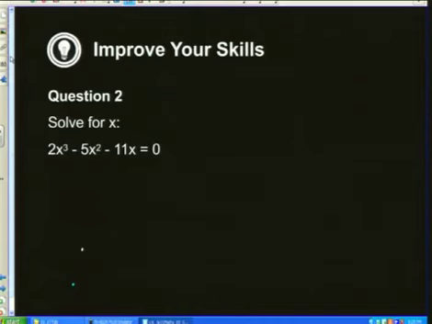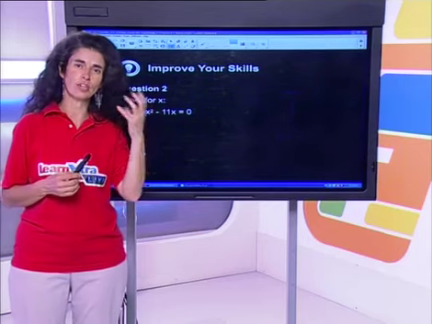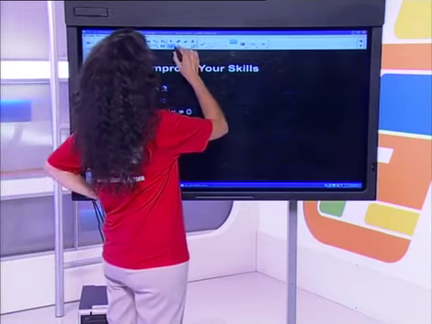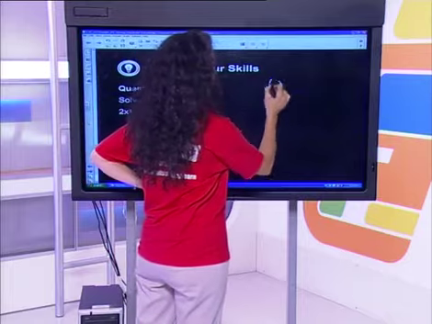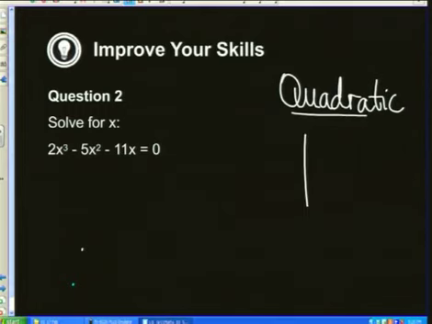All right, now, if you look at this equation, 2x cubed minus 5x squared minus 11x equals 0, that's a very interesting question, because I've been talking to you about quadratic, and the word quadratic in English may mean nothing to you, because this word comes from the Latin root, quadra, and the quadra is actually a square.